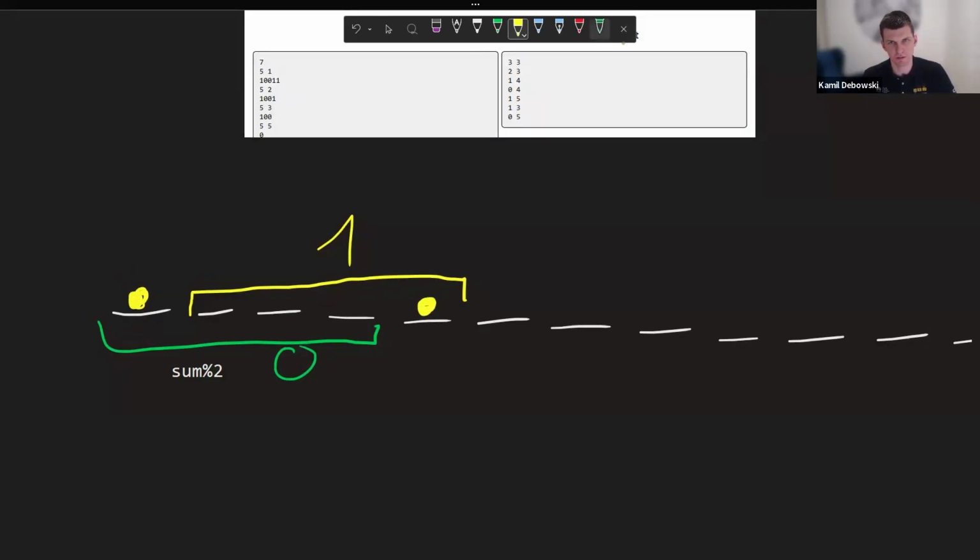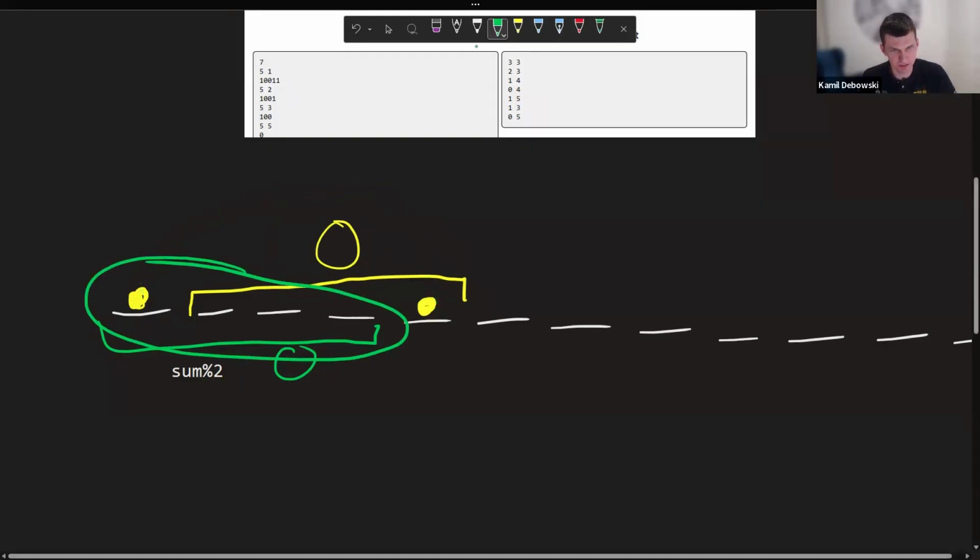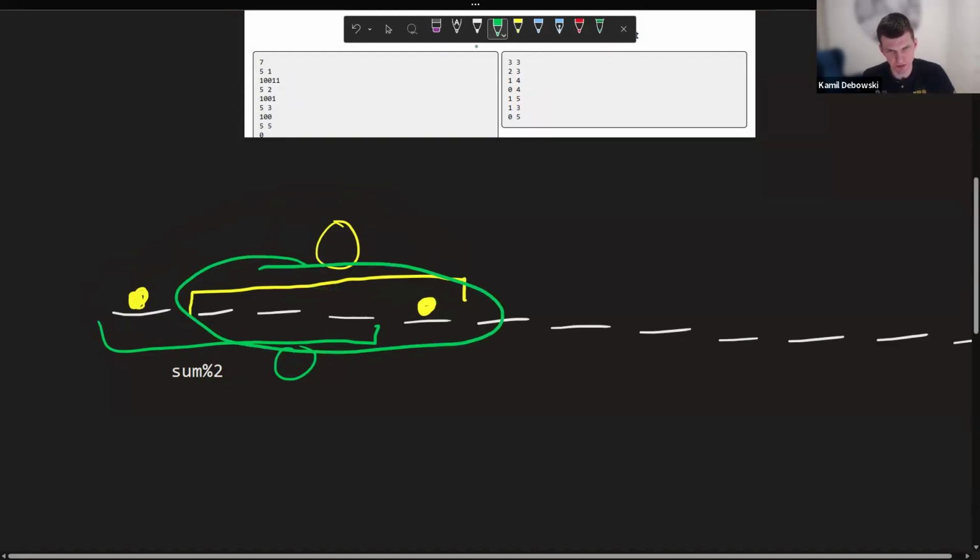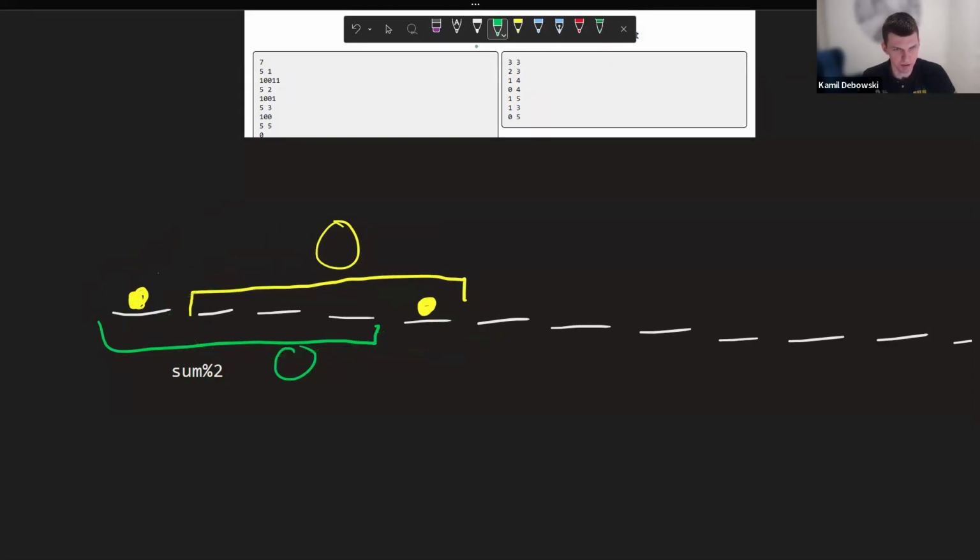So this combination of two different pieces of information about two consecutive ranges means that those two bits are different. Versus if both such ranges have the same parity of the number of ones, then it means that those two bits are the same. Because taking those 4 bits gives the same result as taking those 4 bits. Those 3 bits are common, so apparently taking this bit versus taking that bit is the same.